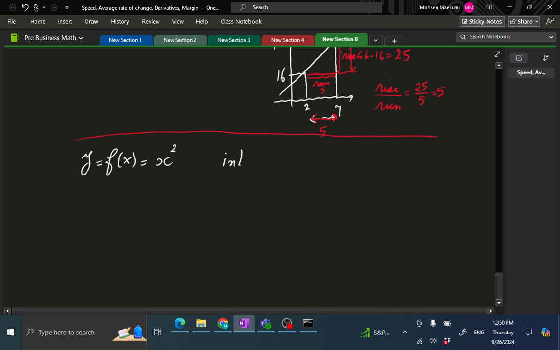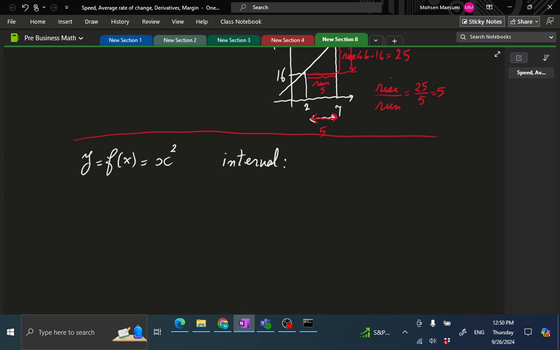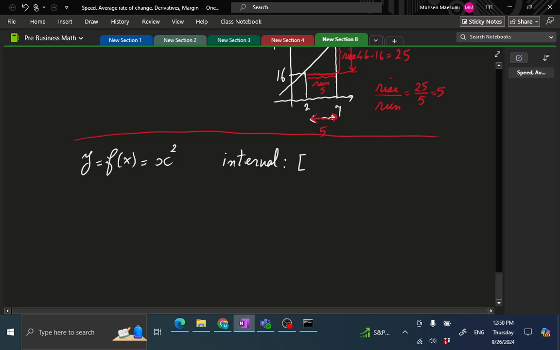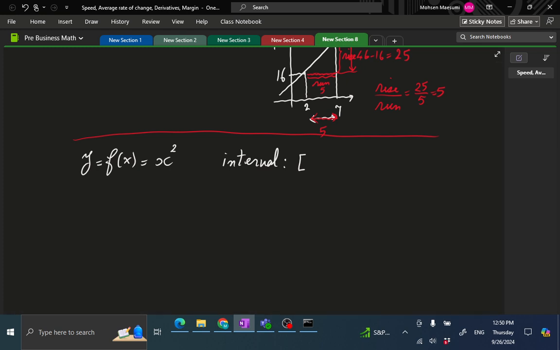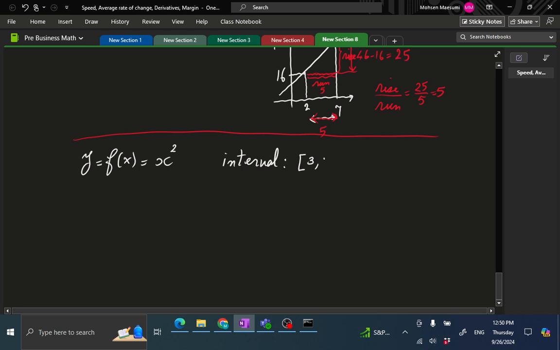And the interval over which I'm going to calculate the average rate of change, let's say we go from 3 to 7.